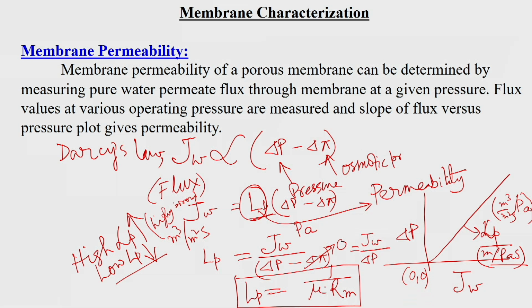Okay. So, where mu is the viscosity and Rm is the membrane resistance. So, mu is the viscosity of the permeating solvent, and Rm is the membrane resistance.